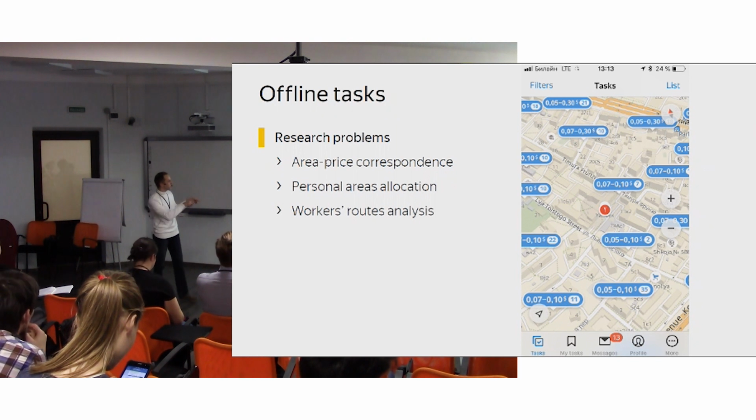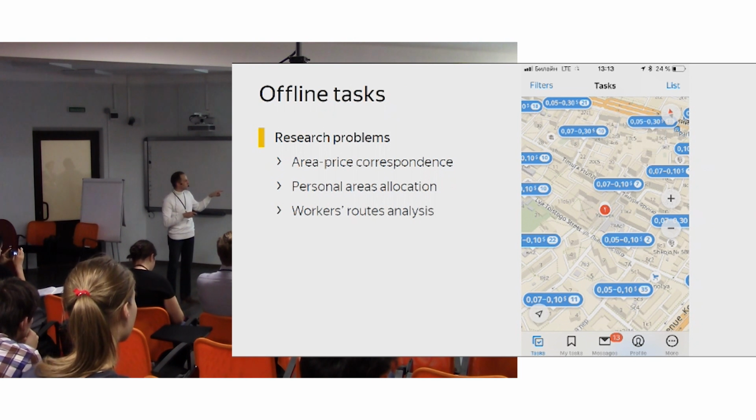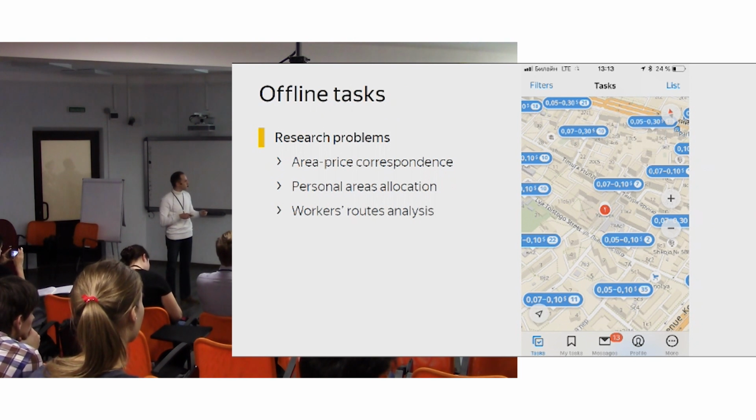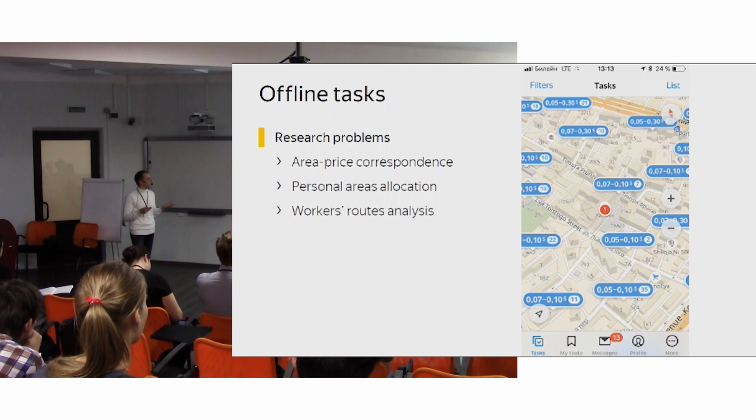As you can see, this is a map of Moscow around the Moscow Yandex office. And in some areas, there is a group of tasks available to the worker. Why do we need it? For example, we need to get our information on all our maps in the most actual way.